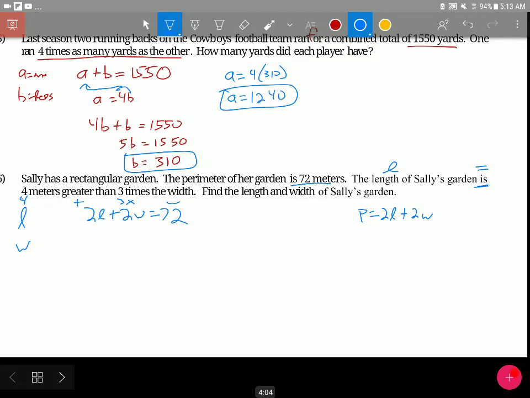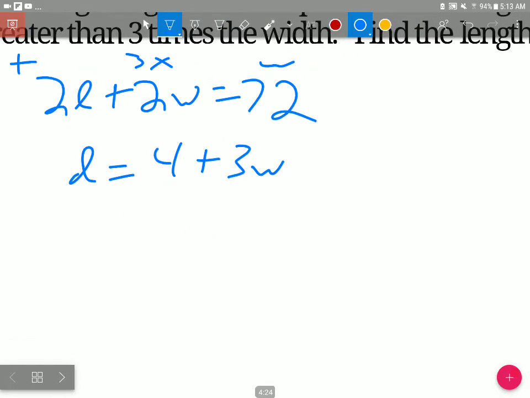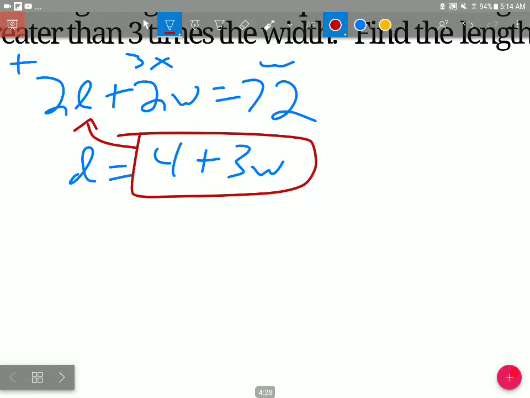It just reads right off. So length equals 4 meters greater than 3 times the width. Find the length and width of Sally's garden. And again, we're supposed to use substitution, so this one's already geared up because L is solved for. So I can take that and plug it in for L.